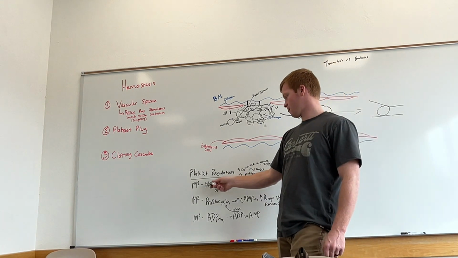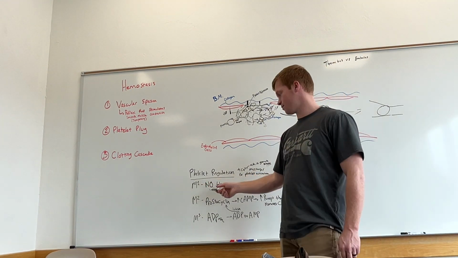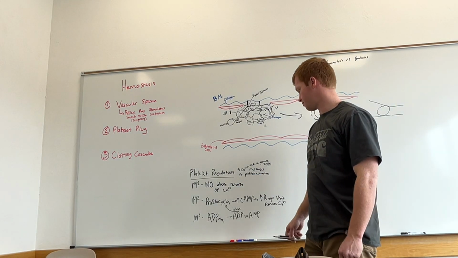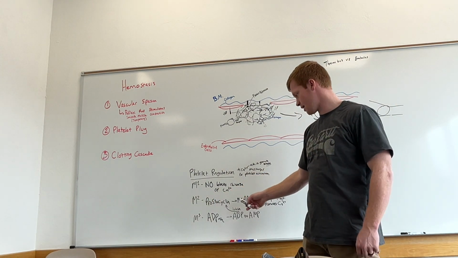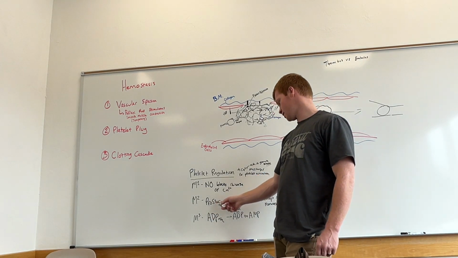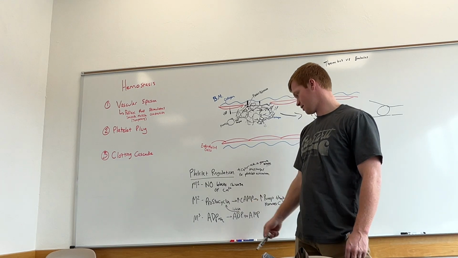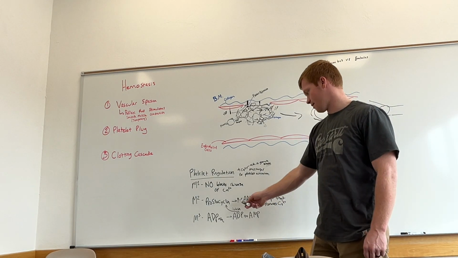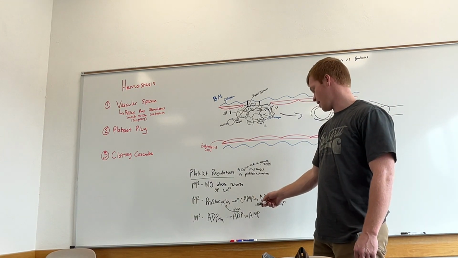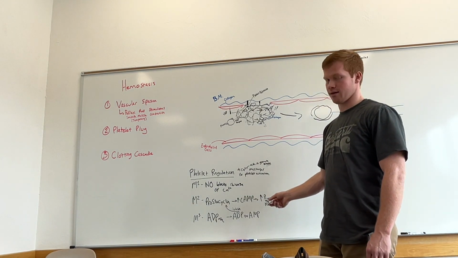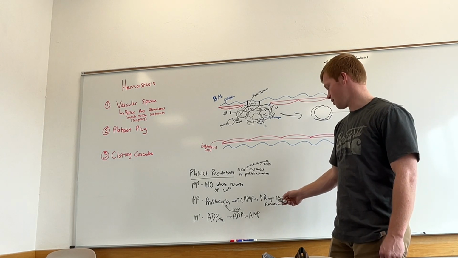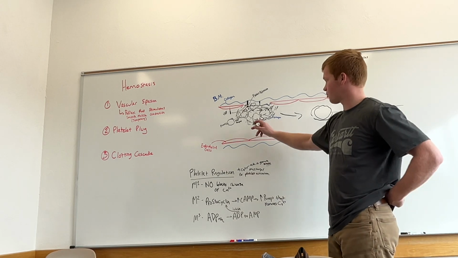And so first, one mechanism is it can block the release of calcium. Another one, it can activate this signaling molecule, prostacyclin, and that's going to activate the G protein, which is going to increase cAMP, and increased cAMP is going to increase the activation or the work of a pump that removes calcium from the platelet.